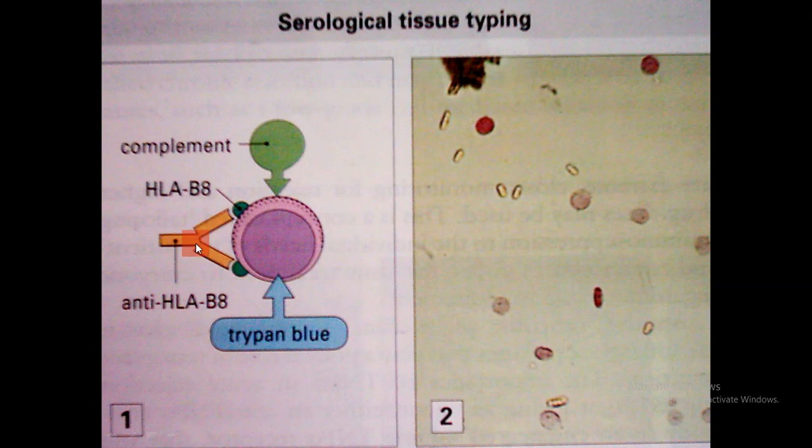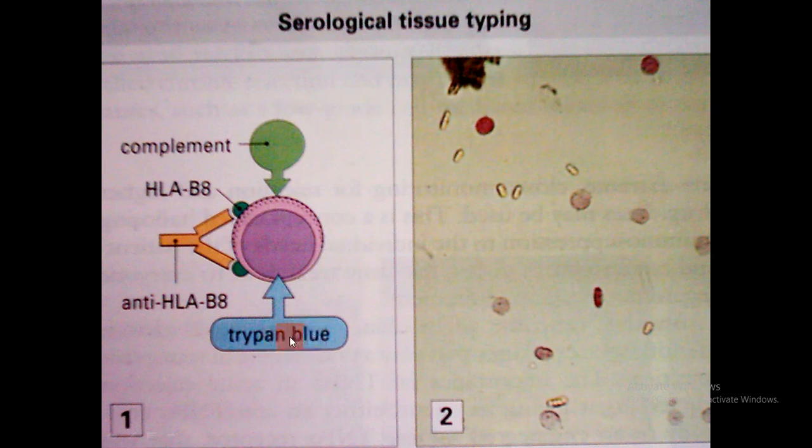We add to it monoclonal antibodies against this B8, and this is the antigen-antibody immune complex. Then we add the complement that leads to fixation of this reaction and activation of the classical pathway of the complement, leading to membrane attack complex MAC and lysis and rupture of the T or any lymphocyte.